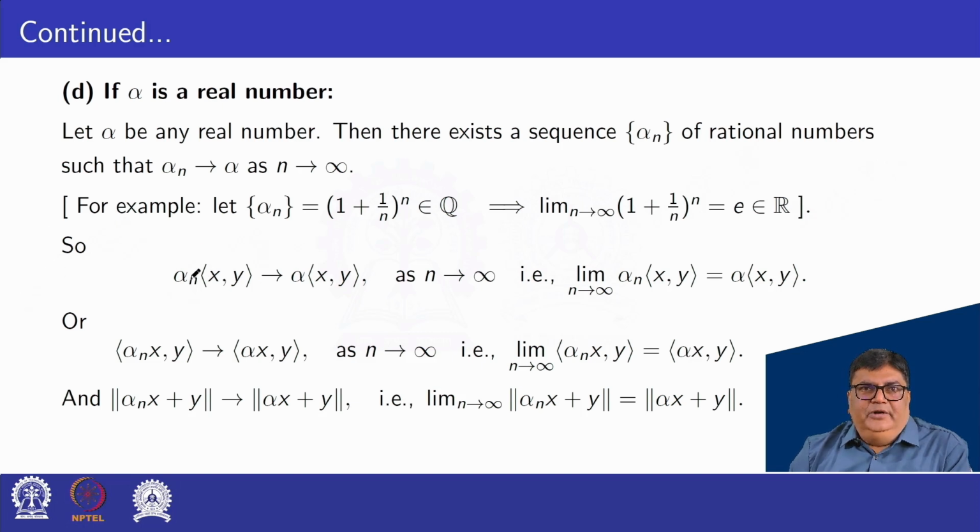So by inner product, alpha n into inner product of x, y, where alpha n is a rational number, as n tends to infinity, tends to alpha into inner product of x, y. Also, inner product of alpha n x, y tends to inner product of alpha x, y as n tends to infinity, and norm of alpha n x plus y tends to norm of alpha x plus y as n tends to infinity.